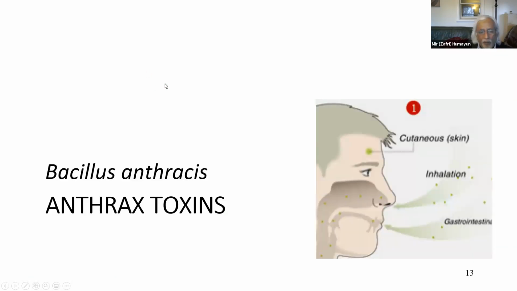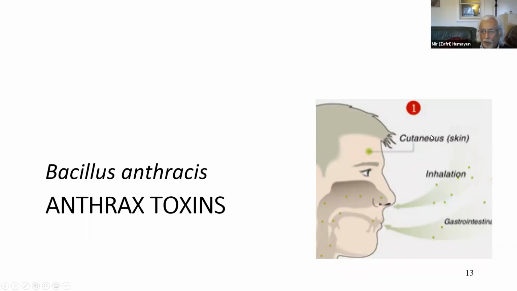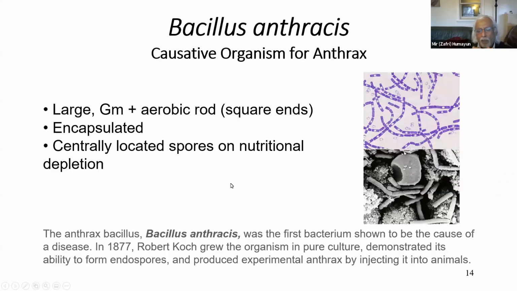Okay, let's start with Bacillus anthracis and anthrax toxin. There are three types of anthrax intoxications, and those are cutaneous, inhalation, and gastrointestinal anthrax. All right, first, a little bit about the organism. These are large gram-positive aerobic rods with square ends.